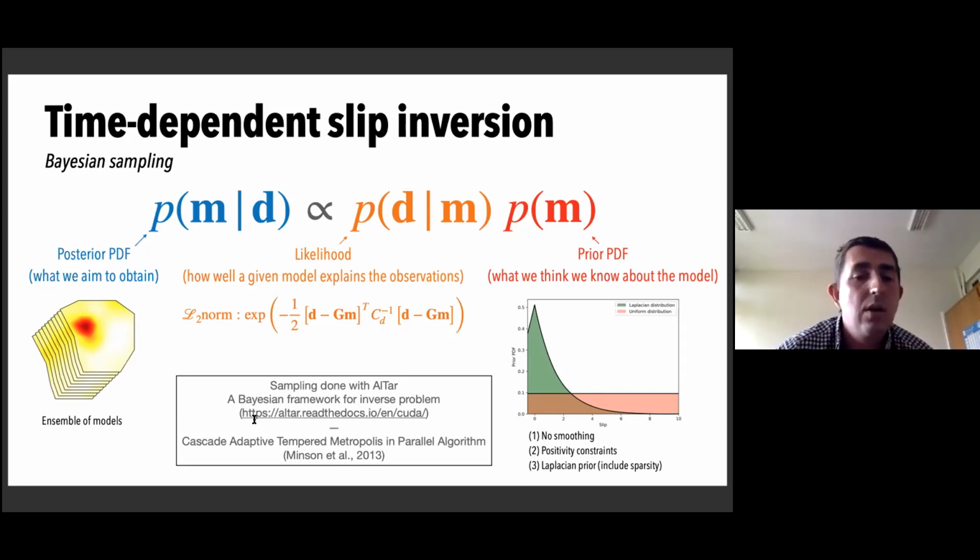It's an adaptation of the Cascading Adaptive Tempered Metropolis in Parallel algorithm, or CATMIP for short, that was developed by Sarah Minson in 2013. So Altar is basically solving that problem, starting from the prior and progressively reaching the posterior PDF. That's the setup of the problem that we are going to solve.